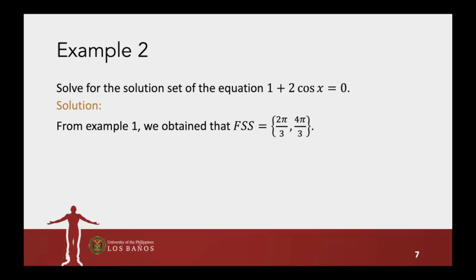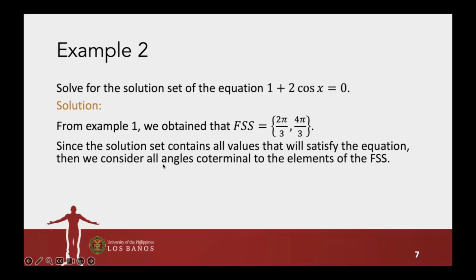Since the solution set contains all possible solutions within the set of real numbers, all we need to do is to get all angles coterminal to 2 pi over 3 and 4 pi over 3, and include those in the fundamental solution set.